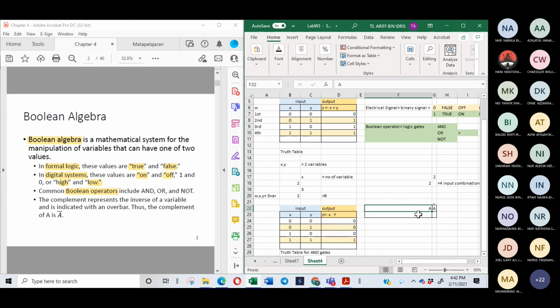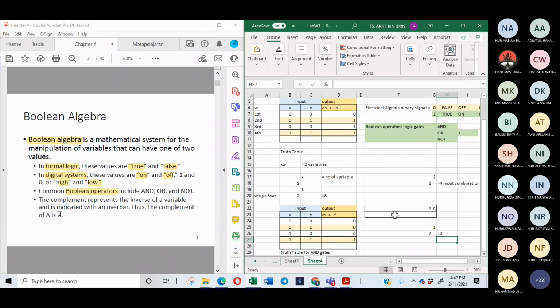One, because only A, right? So 1 is equivalent to 2 power of 1. What is 2 power of 1, class? I've forgotten already. Two. So 2 power of 1 is equivalent to 2.